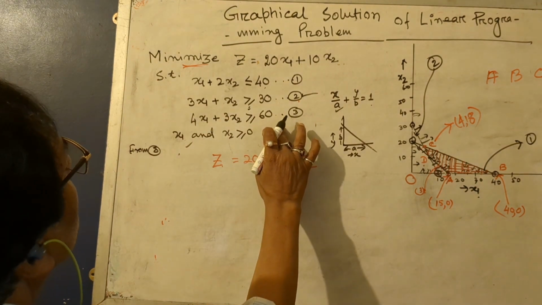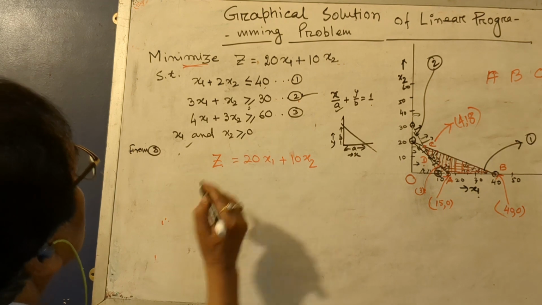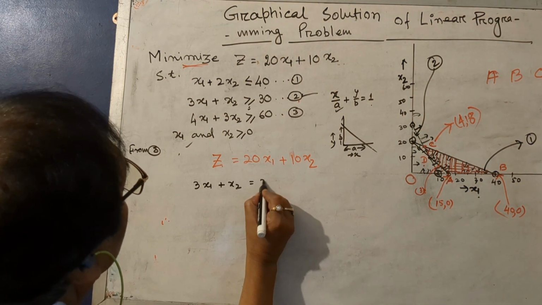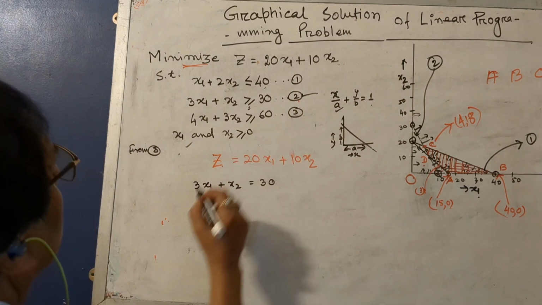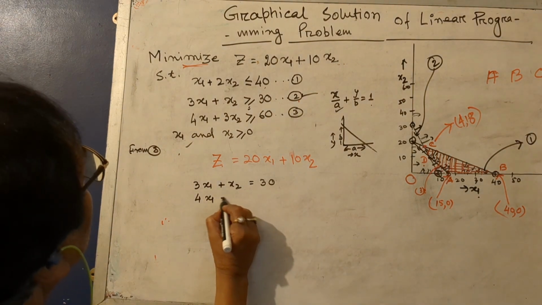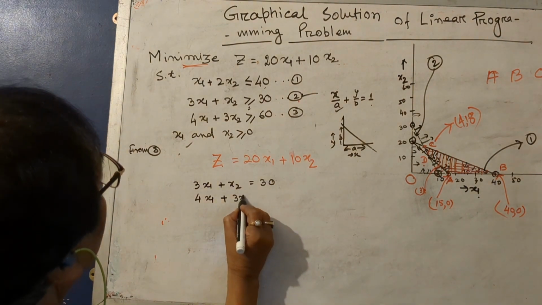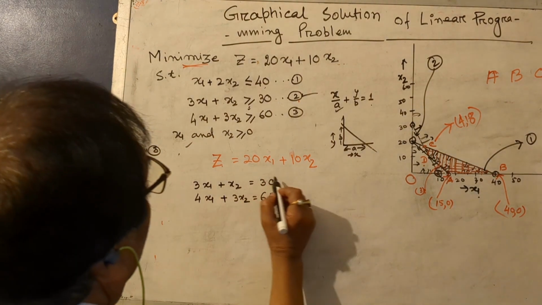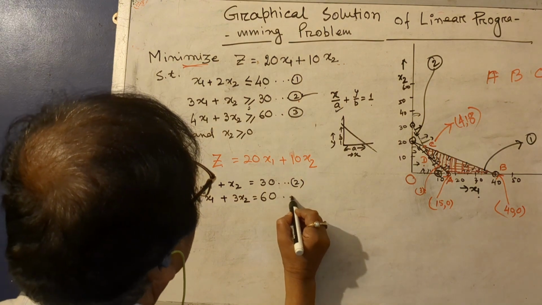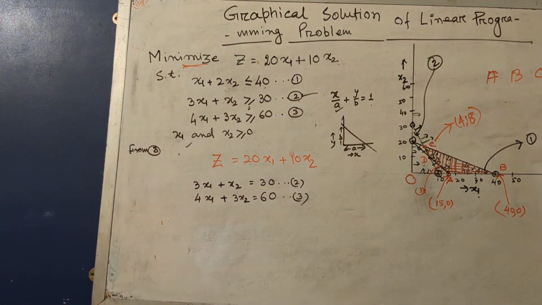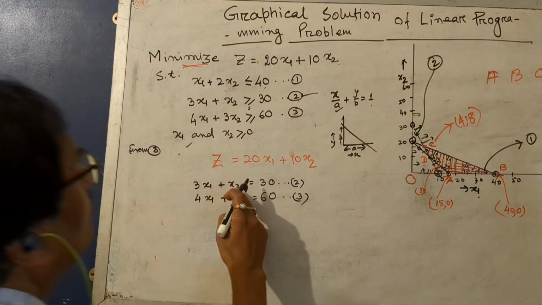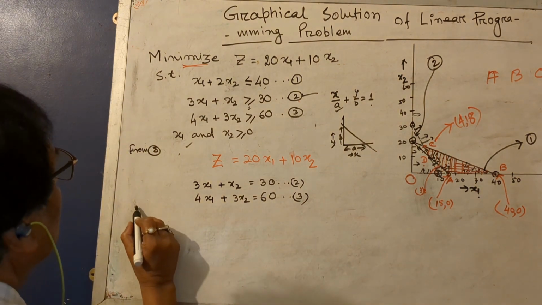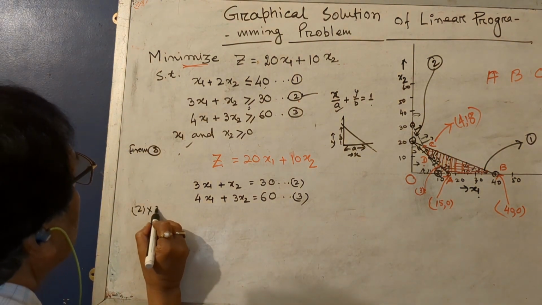First I am writing 2: 3x1 plus x2 is equal to 30, and 3 is 4x1 plus 3x2 is equal to 60. Now this is 2 and this is 3. Now multiply 2 by 3.